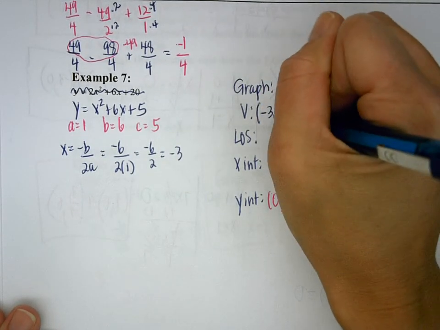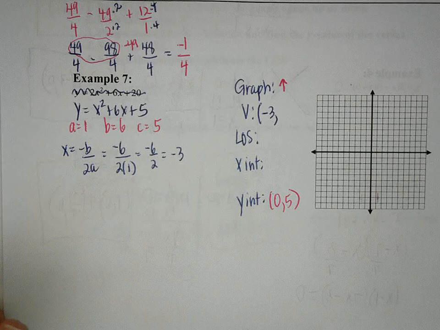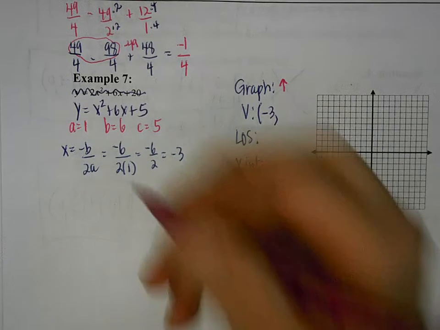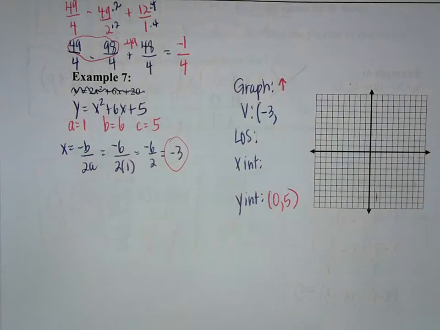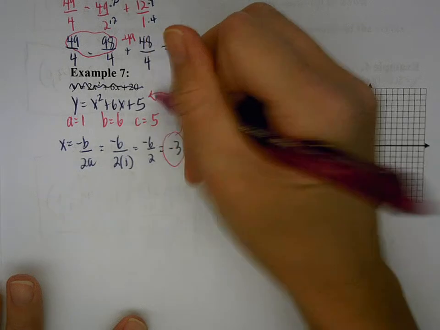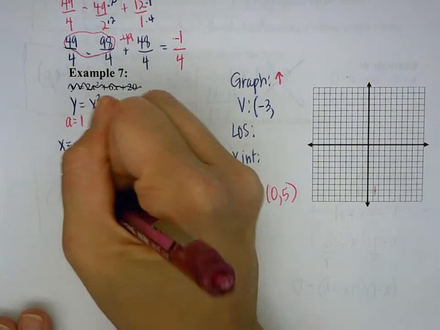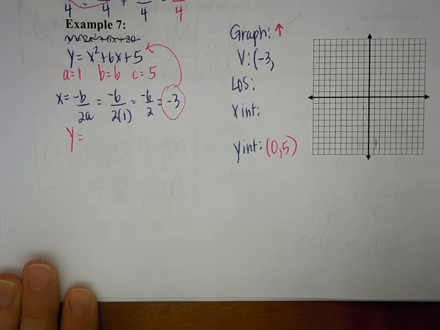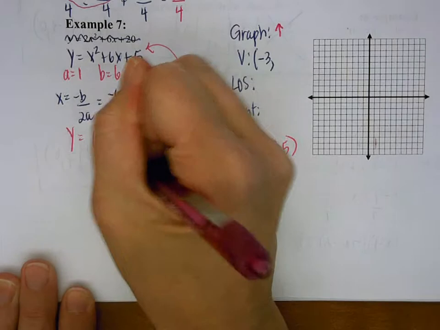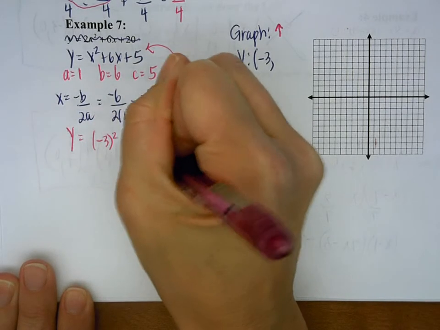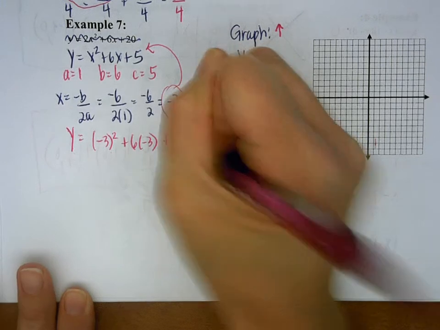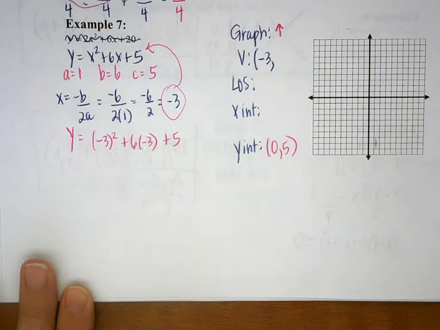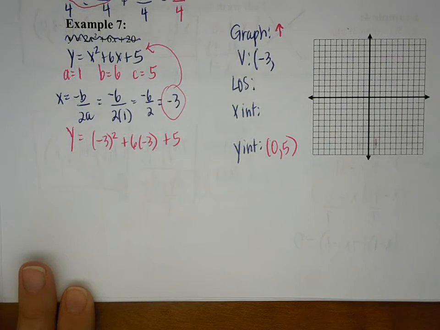Okay, how do I find the y value? We plug it into this equation and solve for y. So we have y equals negative 3 squared plus 6 times negative 3 plus 5. What is negative 3 squared? Positive 9.